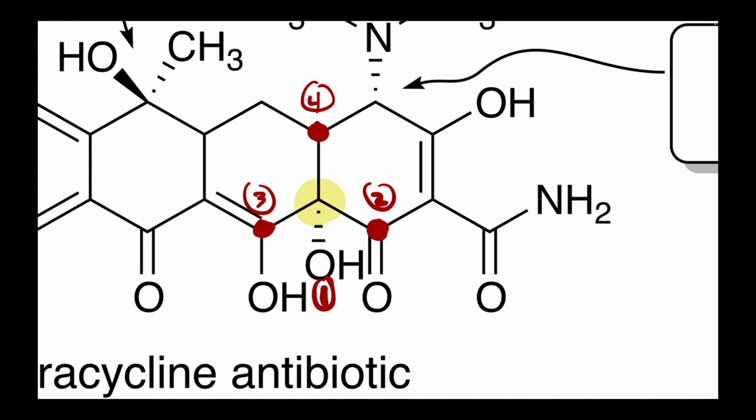What do you think? Which way do you have to point your thumb if you're going to use your hand? Now this is tricky because the lowest priority group is in the plane of the board. It's not coming out or going back, so you have to look at it really carefully. This one is going to the back, right? Number 1 is to the back. So if you're going from 1 to 2 to 3, you're going this way, right?